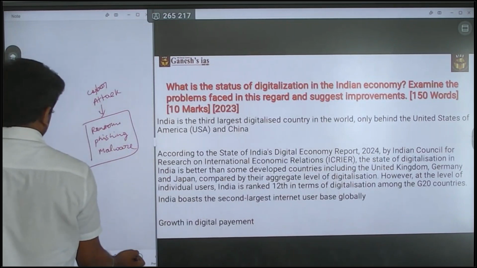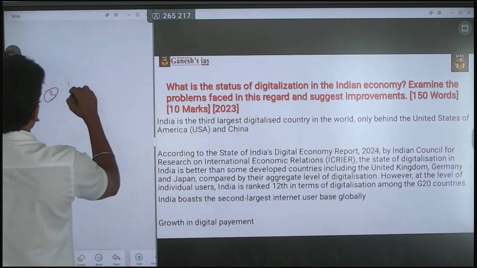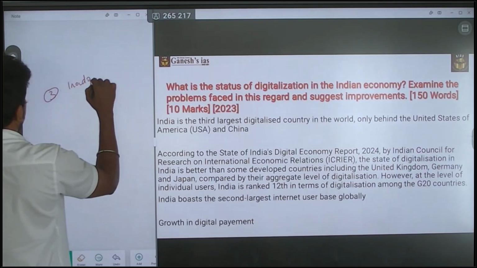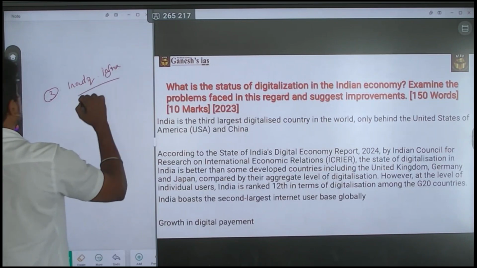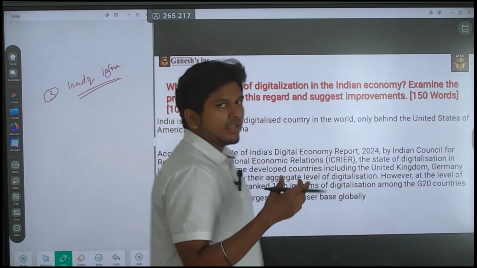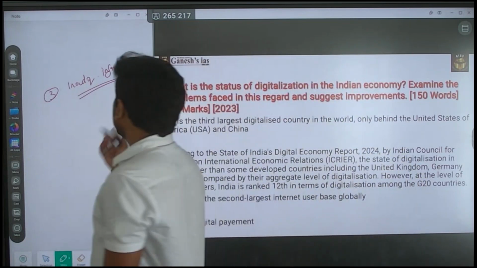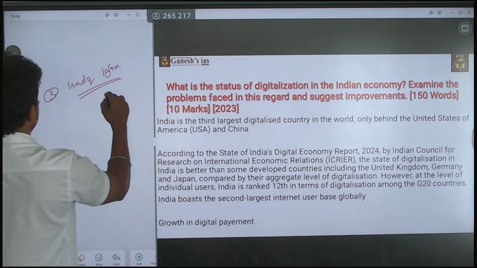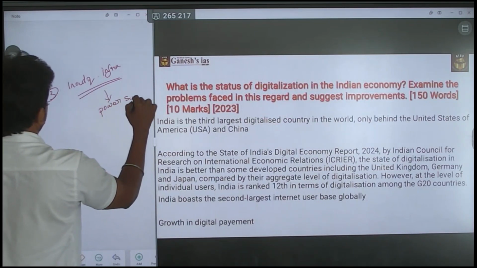And then the third point is inadequate infra. You can easily quote that inadequate infra in any question, because India has that issue. Still we have the issue with power supply. Towers need a continuous power supply.